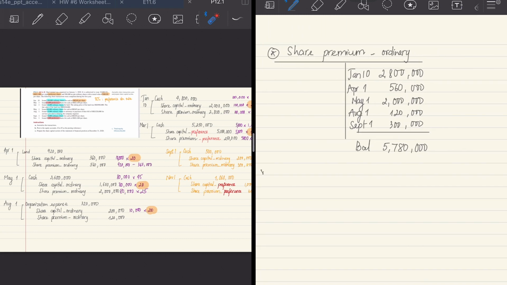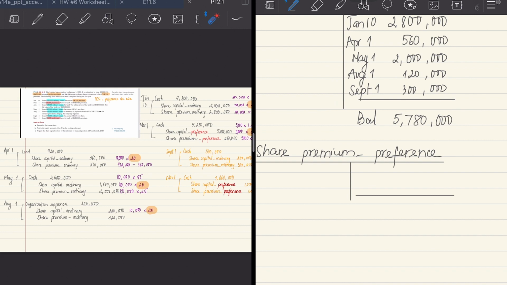Okay, the last one, share premium preference. Okay, we just need to list out all of the amounts that we made in part A. In this part, please double check with your transaction, because if you put it on the wrong side, it may lead to the wrong number.